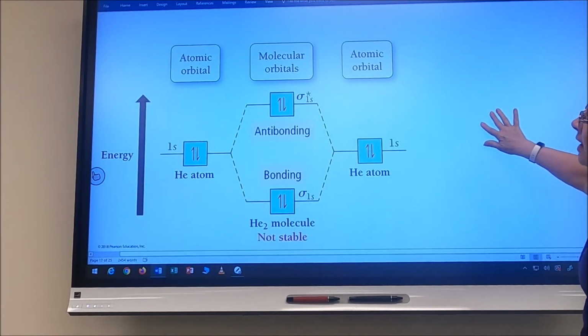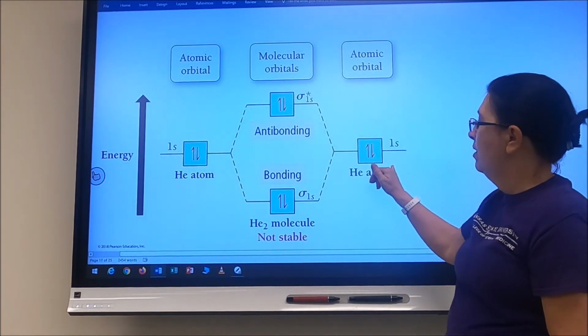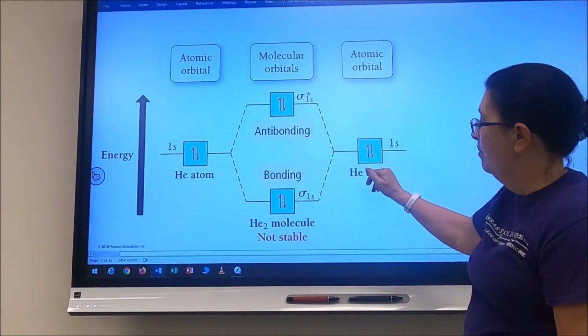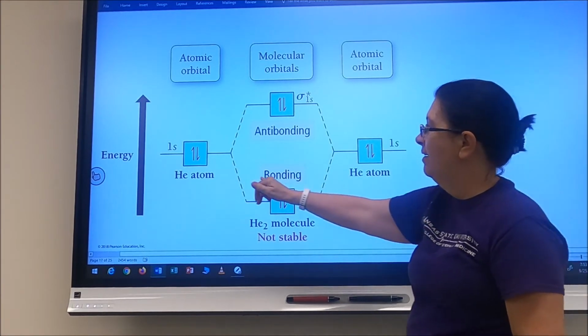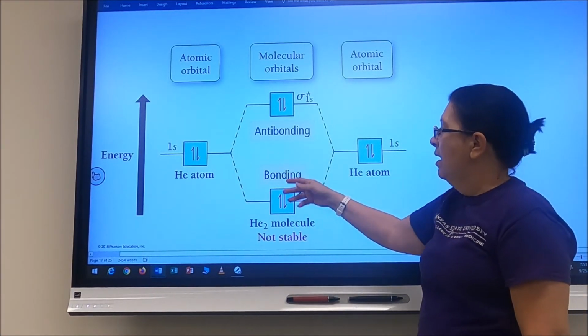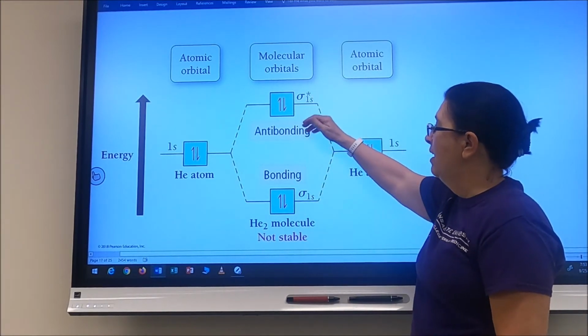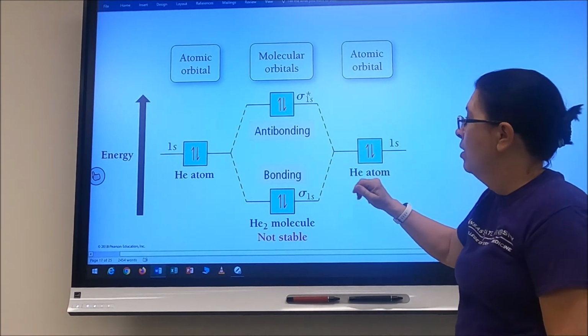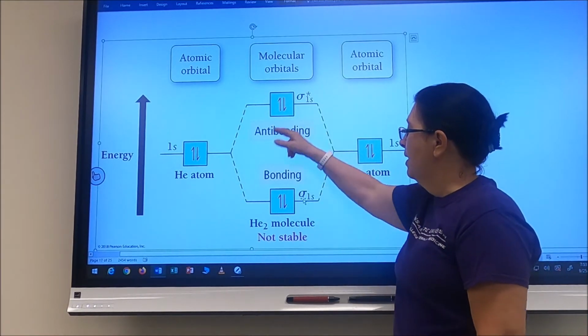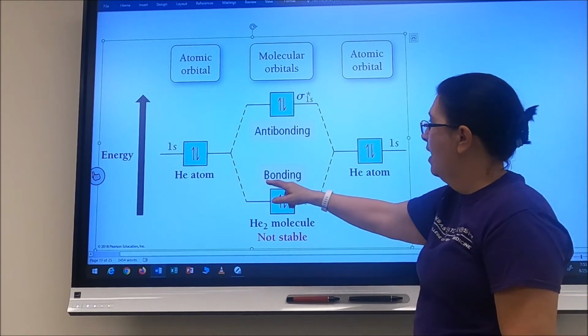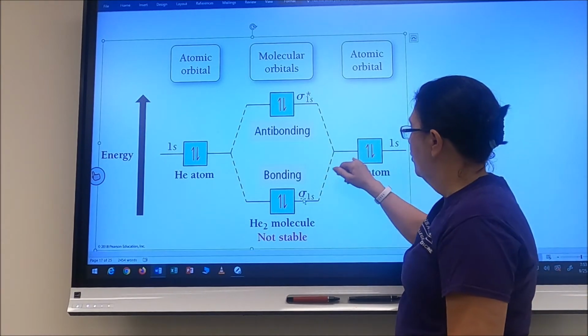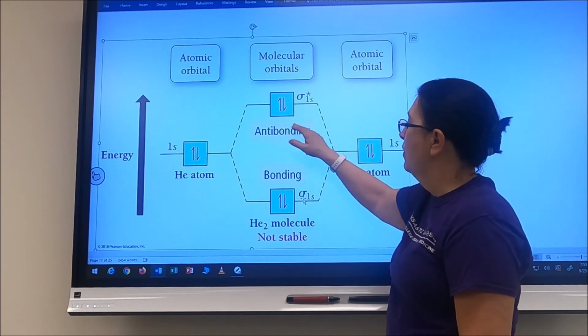Now let's look at helium. Helium has 2 electrons. So here's the atomic orbital of a helium atom on the right side and a helium atom on the left side. If we make molecular orbitals, we have a sigma 1s and a sigma 1s star. We move 2 electrons in from here, 2 electrons in from there, 1, 2, 3, 4.